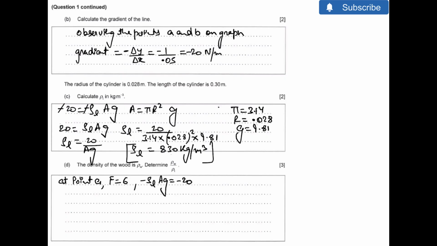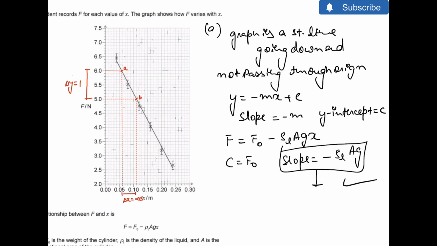So we can find out the value of F naught, and you can substitute this in this equation. This is F naught minus rho L, in fact, this is rho L Agx. The value of x at point A will be this one. So this is 0.06.